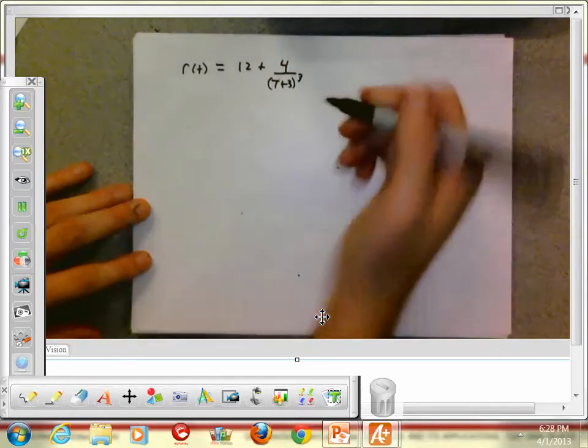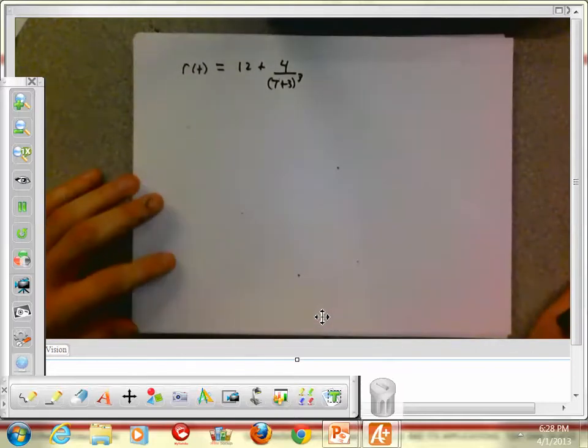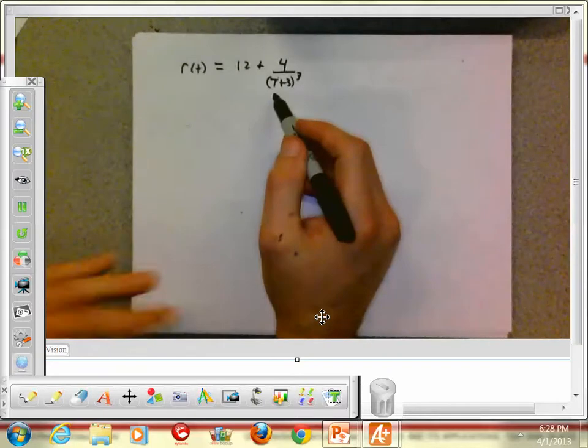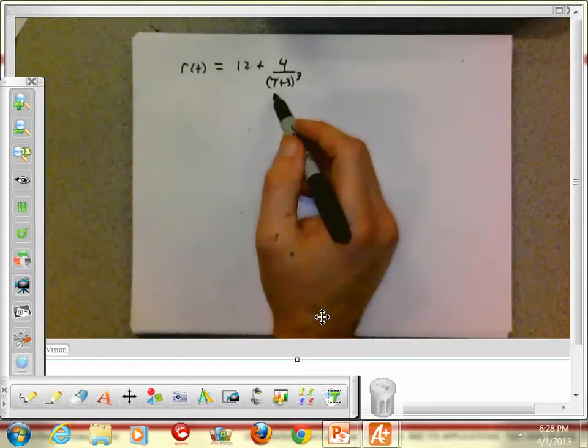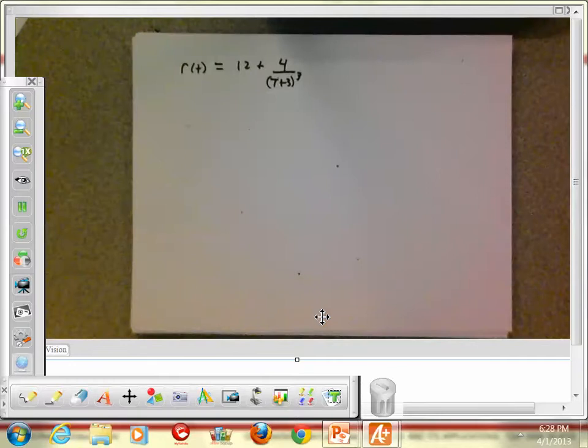We want to calculate the definite integral over here. This is a rational function, and since we're between 0 and 3, it's going to be continuous. A constant function is continuous, and the sum of two continuous functions is again continuous. So we know that we can apply the fundamental theorem here. If it's not continuous, you may not be able to apply it. But does everyone agree that this is a continuous function?